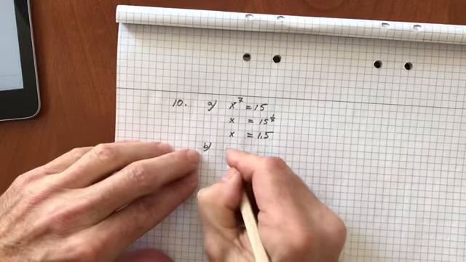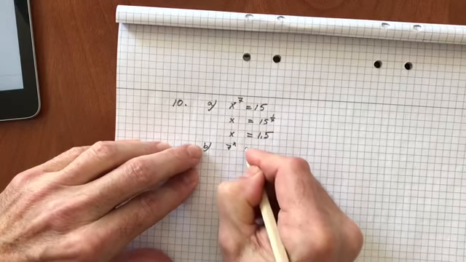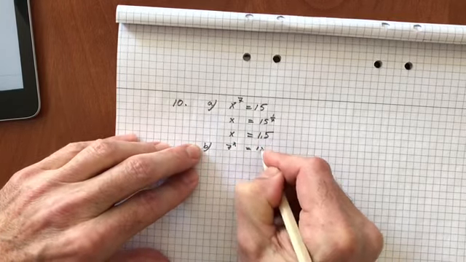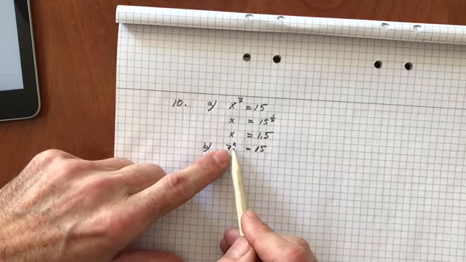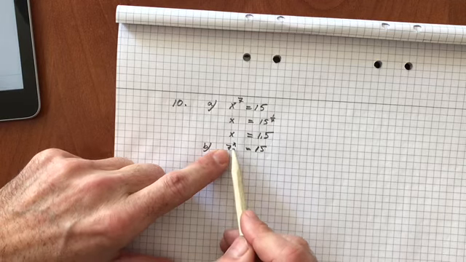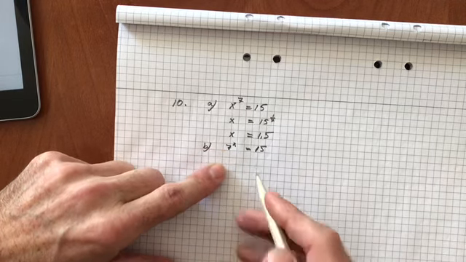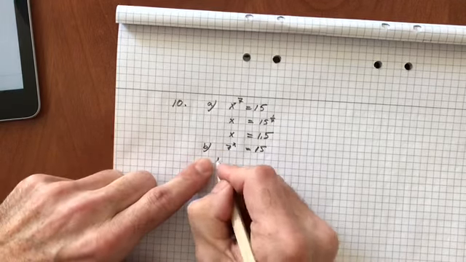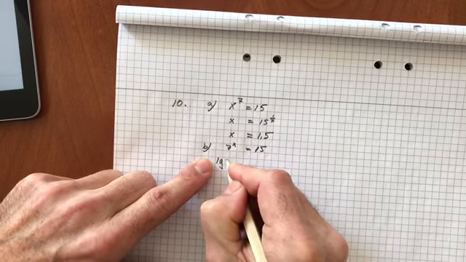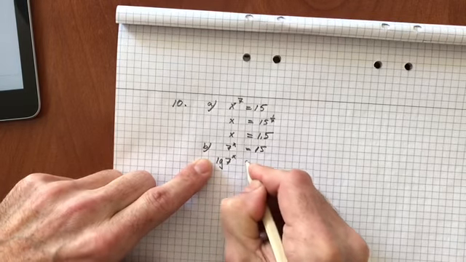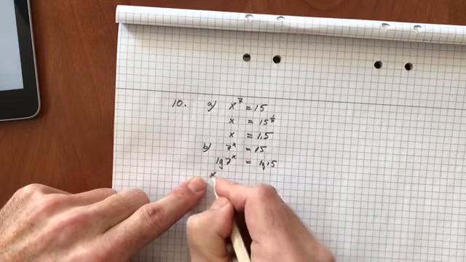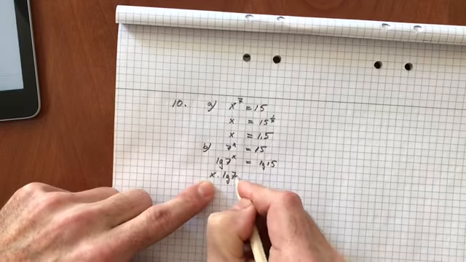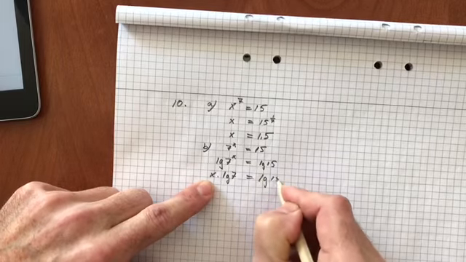Exercise B, it says 7 to the power of x is equal to 15. I know that x has to be greater than 1 and smaller than 2. So I use the logarithm laws. Log for 7 to the power of x is equal to log for 15. So x times log 7 is equal to log 15.